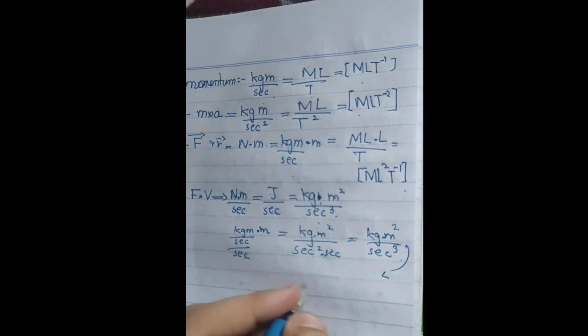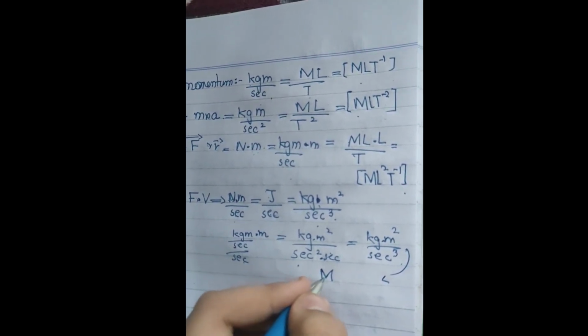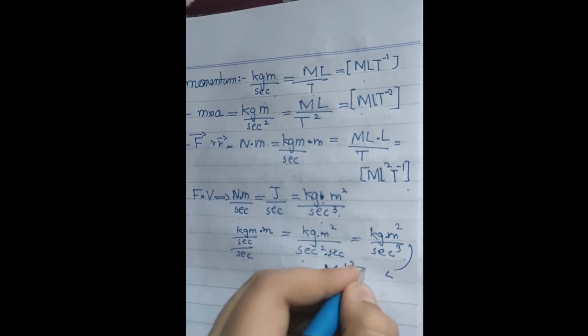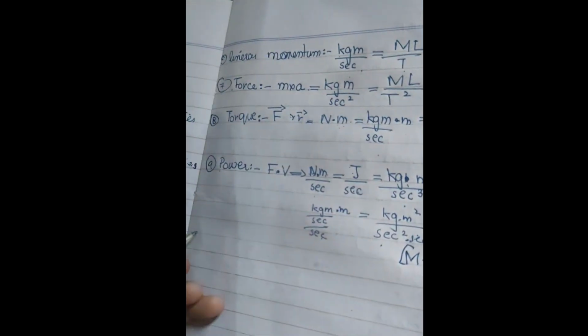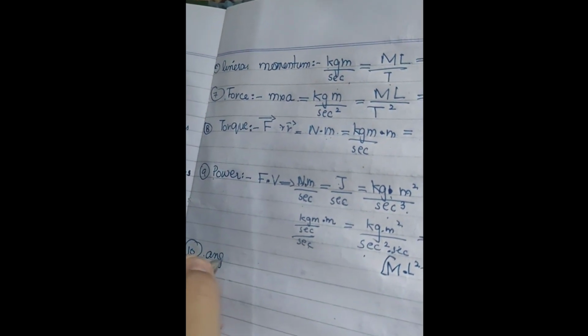Now the dimension of this is, for kilogram we have mass, then we have L^2, then we have T^-3, so ML^2T^-3. Okay, now we have another one, that is angular momentum.